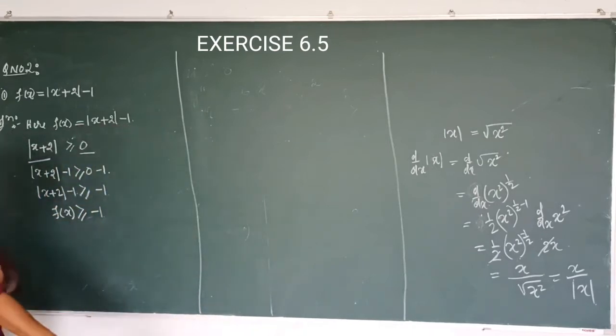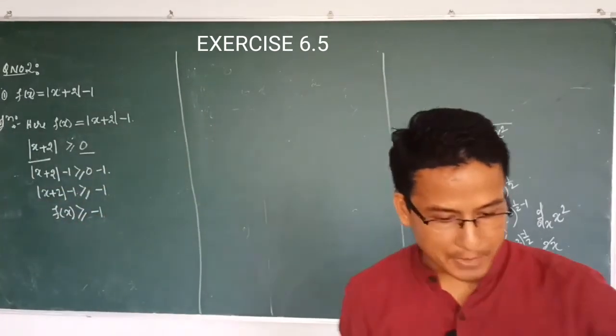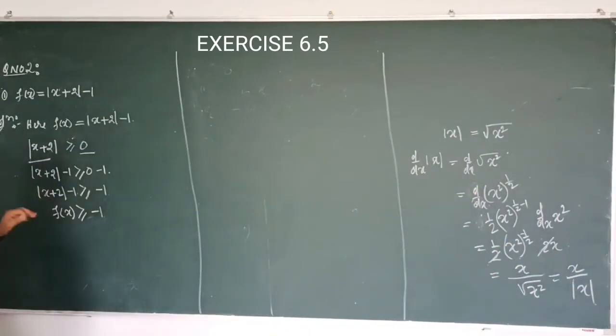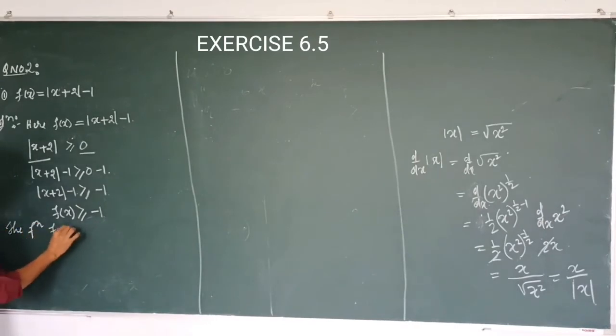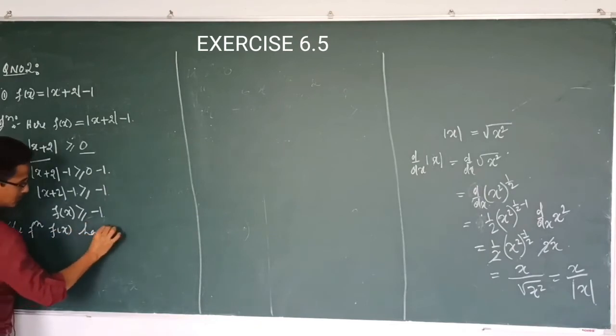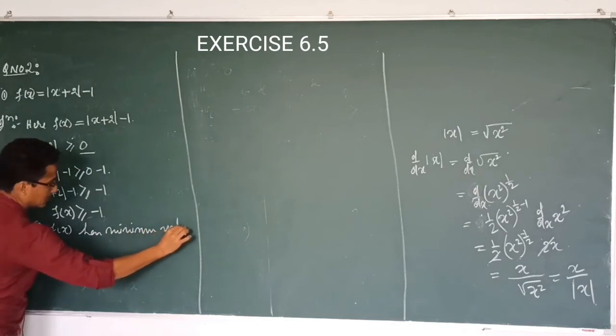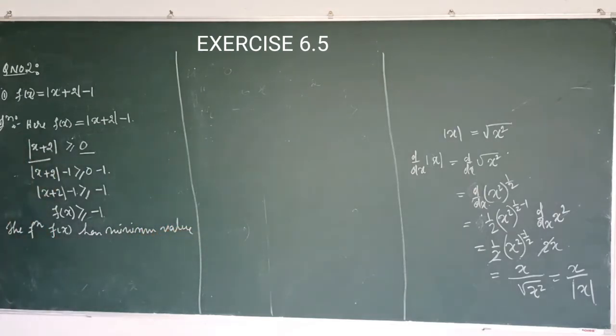So the function f of x has a minimum value, and we are going to find it. If you put x equal to minus 2 in the function, then x plus 2 becomes 0, and then you will get minus 1.